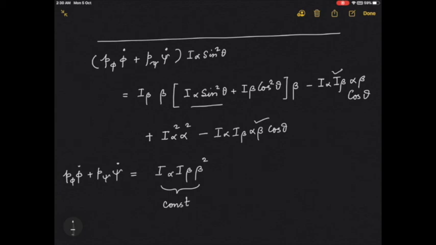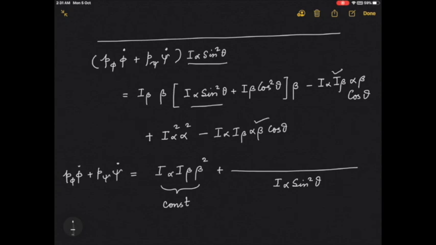I alpha is a constant, I beta is a constant, beta we define to be a constant. What else do I have? I have something divided by I alpha sine square theta. This division is coming because this is what will come in the denominator on the right hand side now.